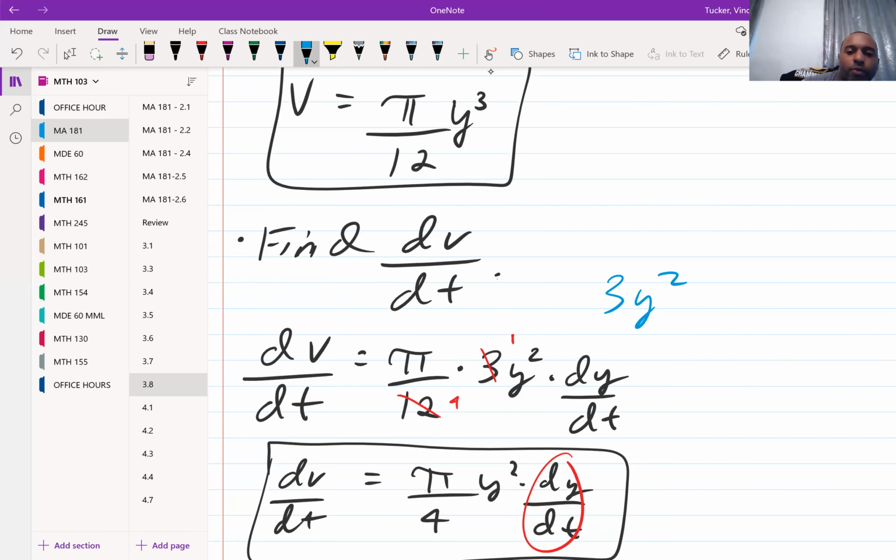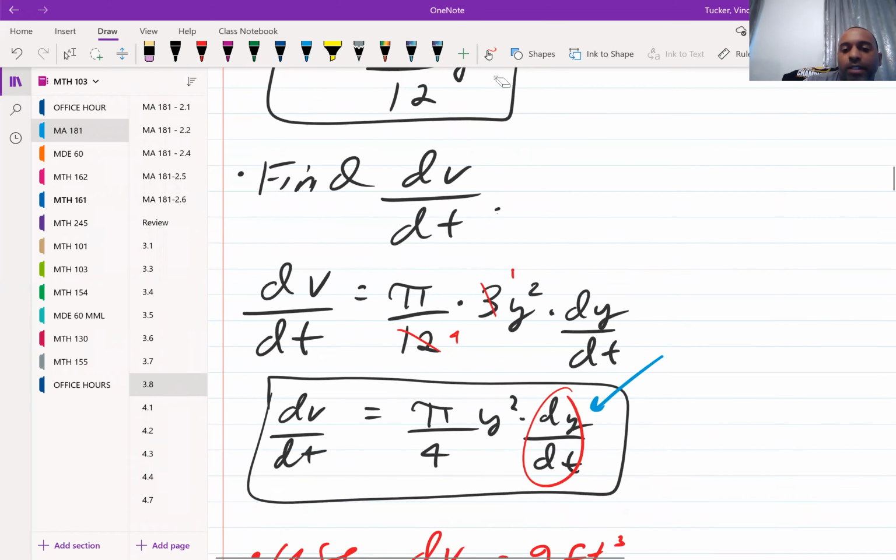Then I can cancel out that 3 with that 3 in the 12, and that leaves me with just 4 in our denominator. And pi y squared. And remember, we're deriving this implicitly. We're taking the derivative with respect to t, so it still has to be this piece here, dy dt.